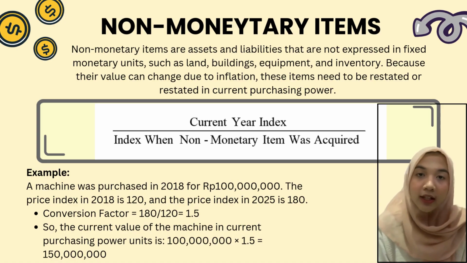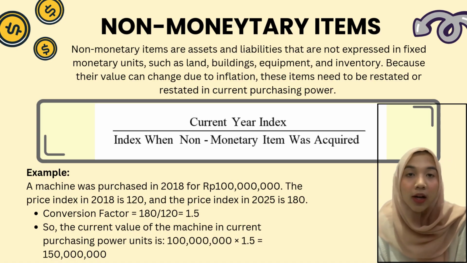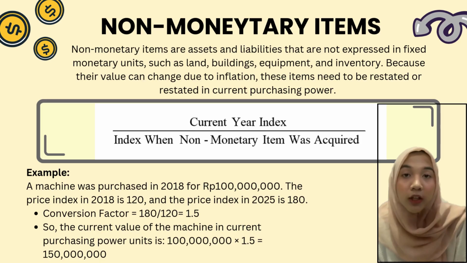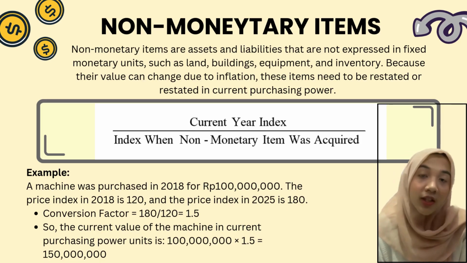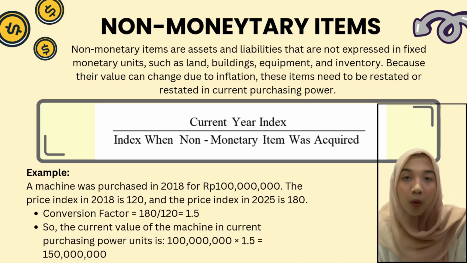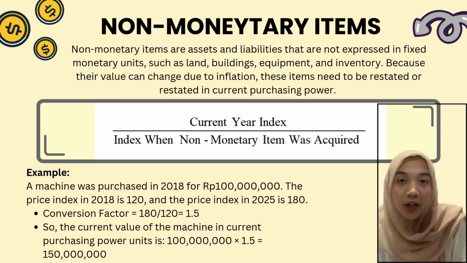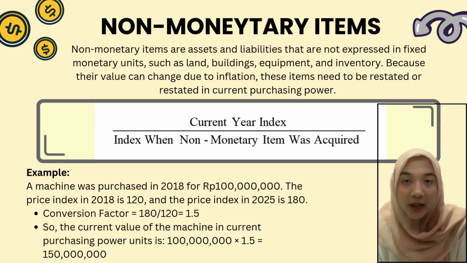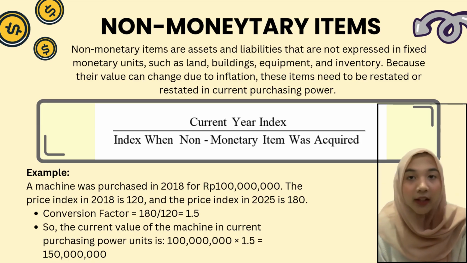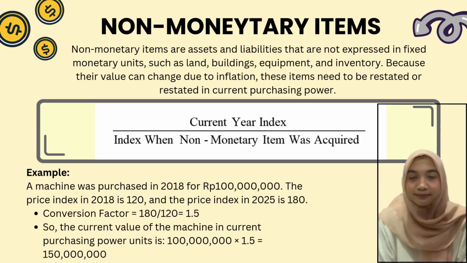So the conversion factor is 180 per 120, which means equal to 1.5. So the current value of the machine in current purchasing power unit is 100 million multiplied by 1.5, which is 150 million. That is the value of the machine that is adjusted to reflect the current purchasing power.